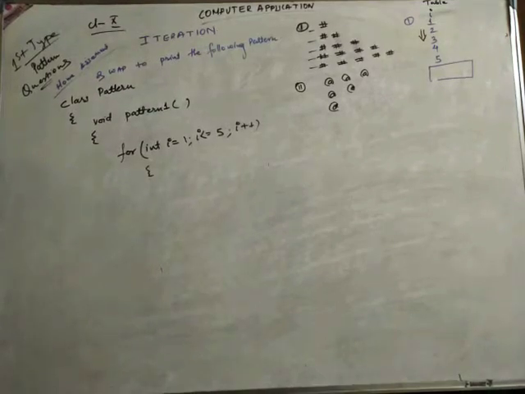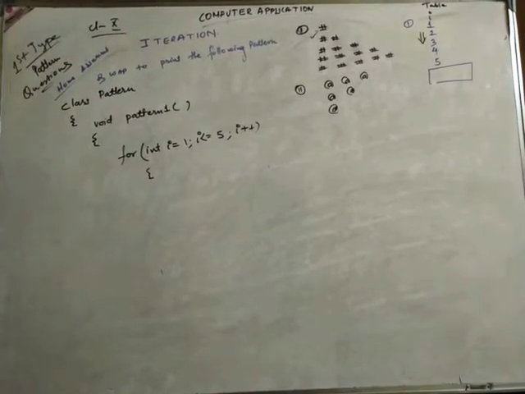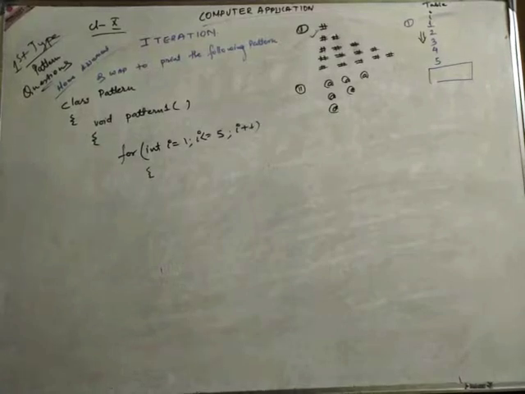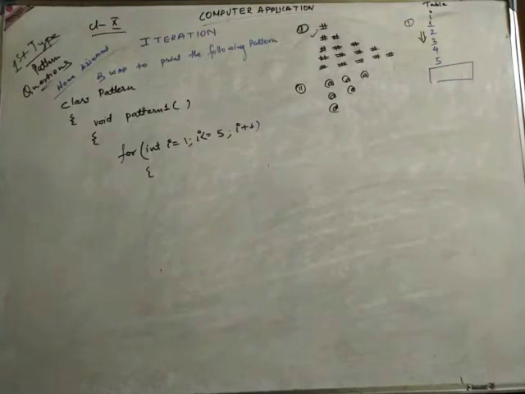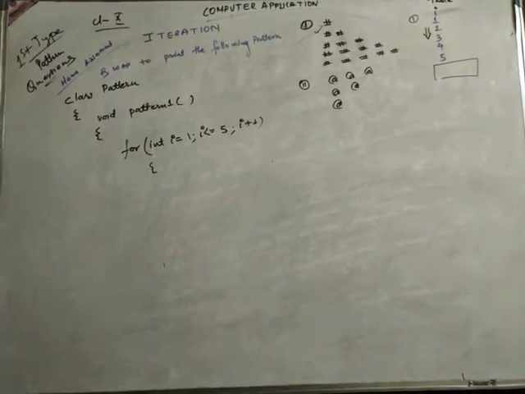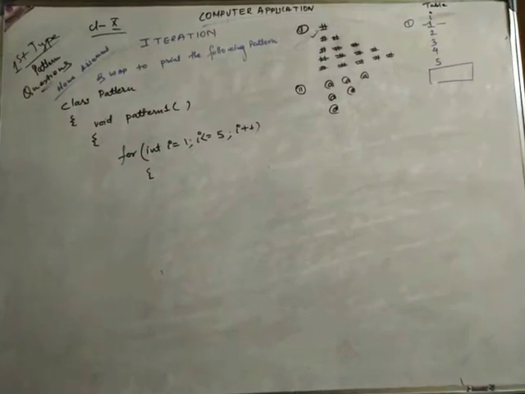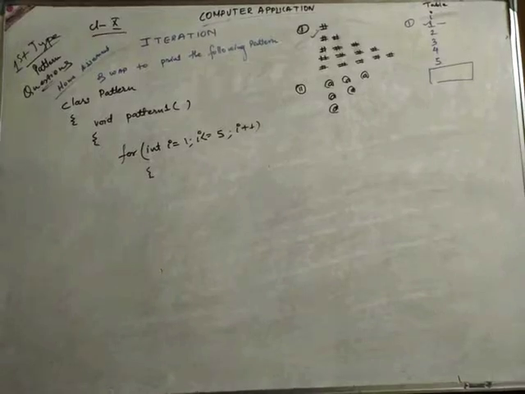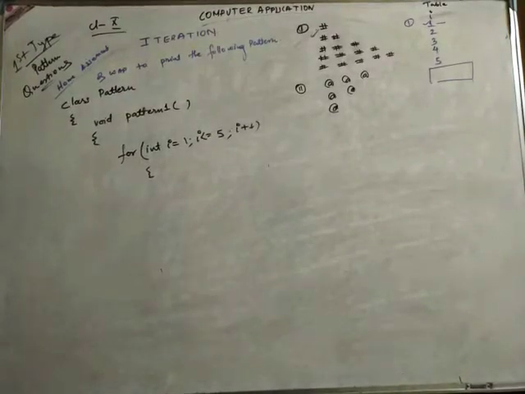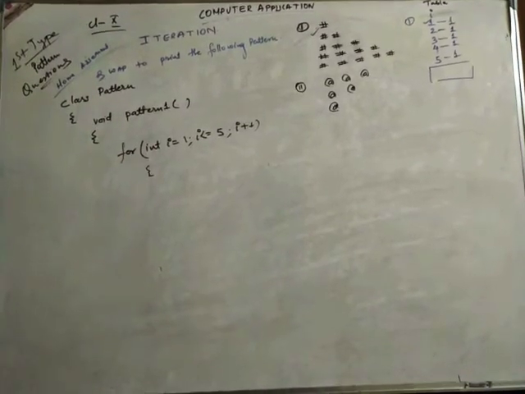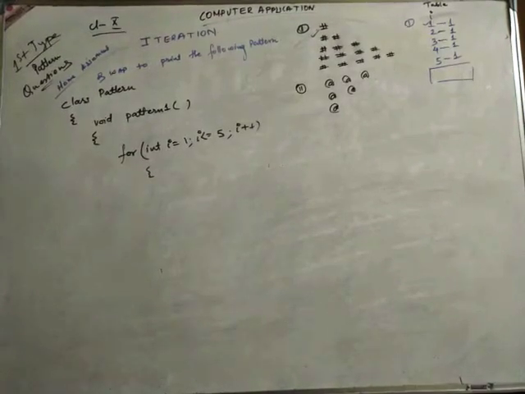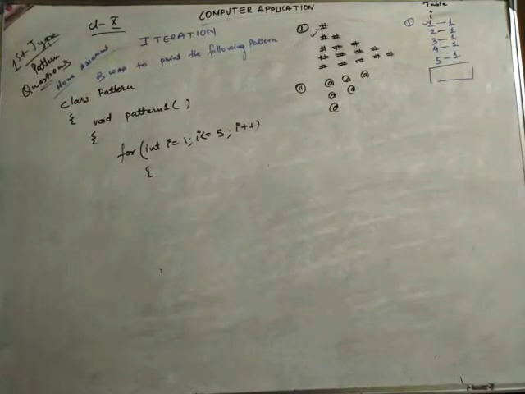In line number 1 I need to print 1 time. In the table, the first value is 1, so if I want to print 1 time, I have to count from 1 to 1.